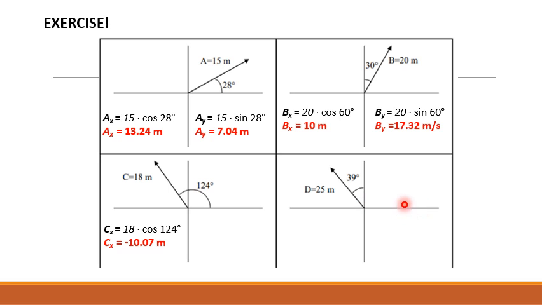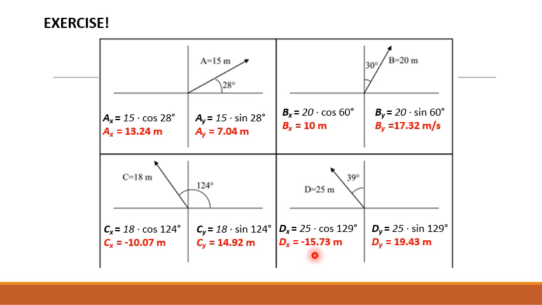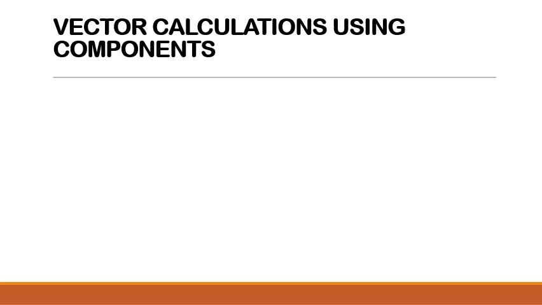So 90 plus 39, that is 129 degrees. So 25 times cosine 129 degrees is negative 15.73 meters, and dy, or the y component of this vector, is 25 times sine of 129 degrees. That is 19.43 meters. That's it for the components.